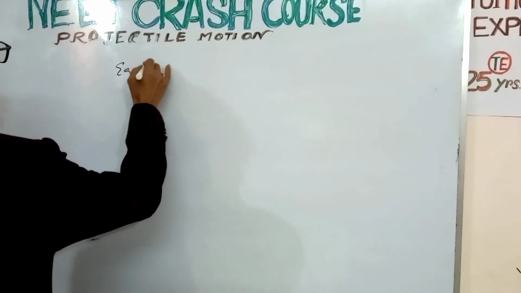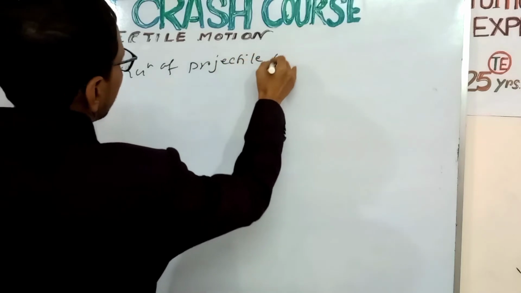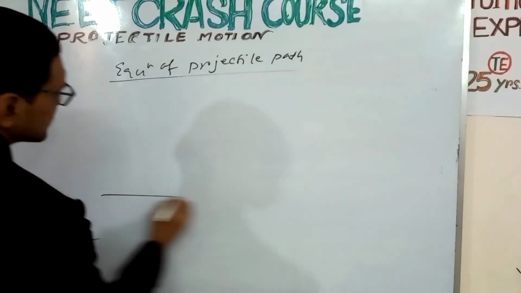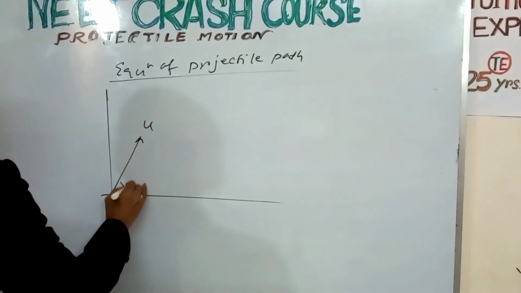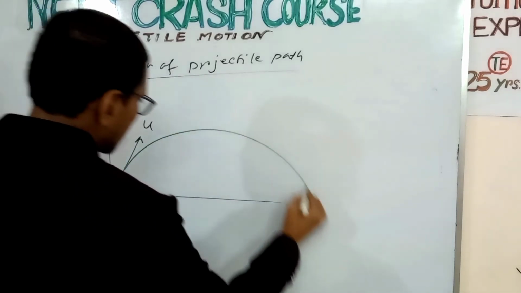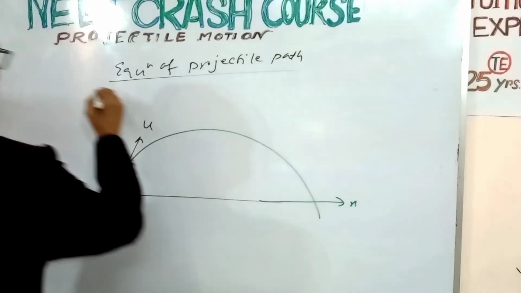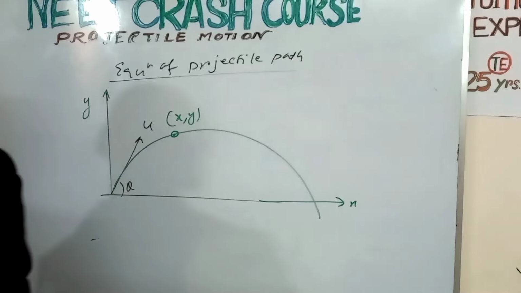Now the equation of the projectile path. If a body is projected with u at an angle theta, the projectile path will be this. Now this is the x axis, this is the y axis, and we have to find the equation of this path.